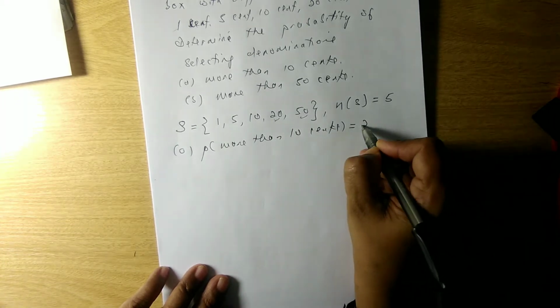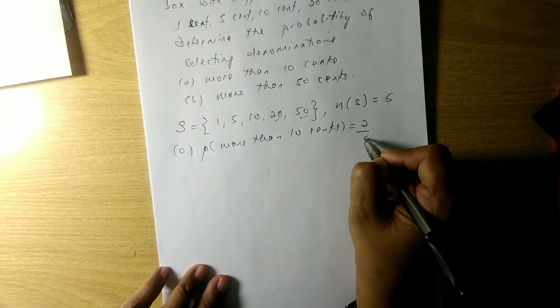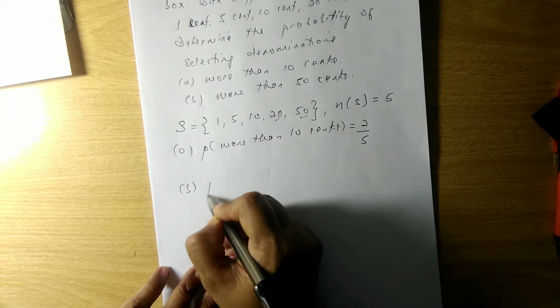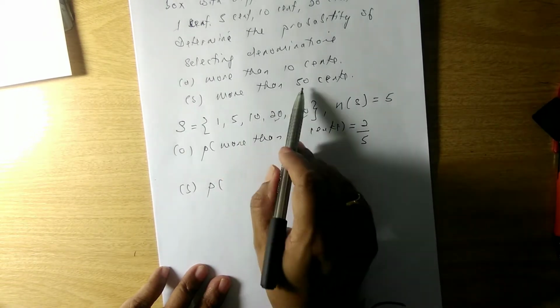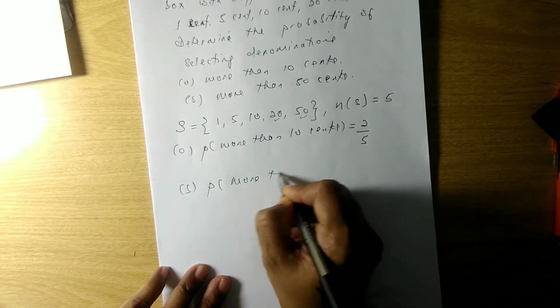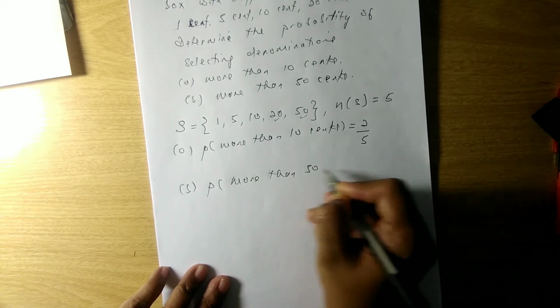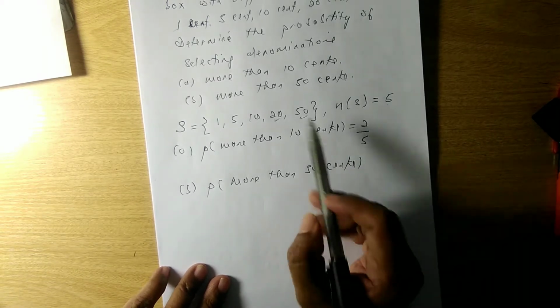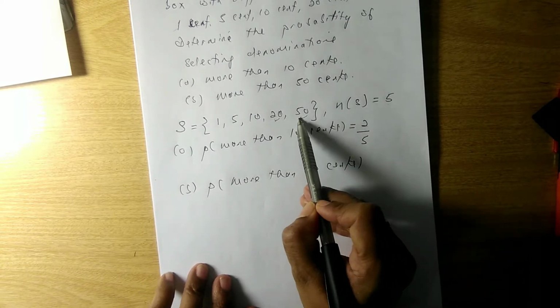Let's say for B, you want to pick more than 50 cents. The probability of obtaining more than 50 cents: the highest denomination here is 50. So if it's more than 50, there are no outcomes, so it would be 0.